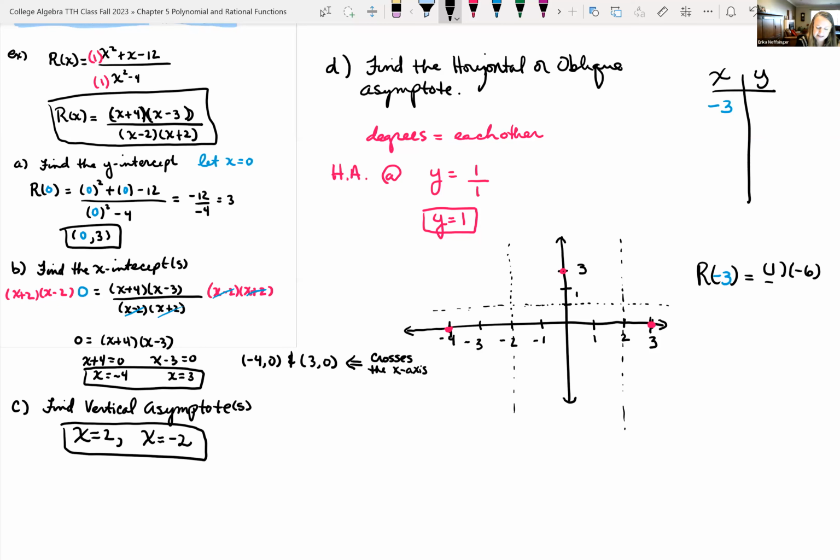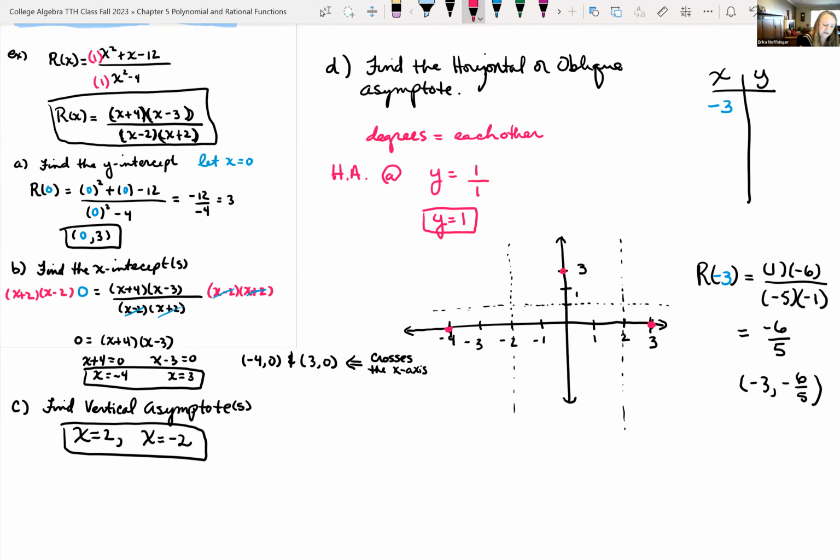So 1 times -6 in the numerator, all over, plugging -3 into x minus 2, -3 minus 2 is -5, times -3 plus 2, which gives me -1. So 1 times -6 is -6, all over -5 times -1, which is +5. So I have a point at (-3, -6/5).